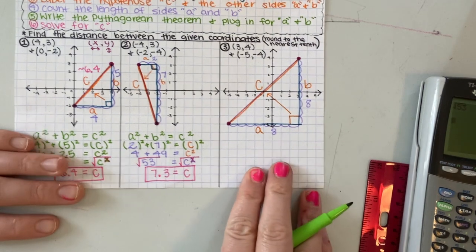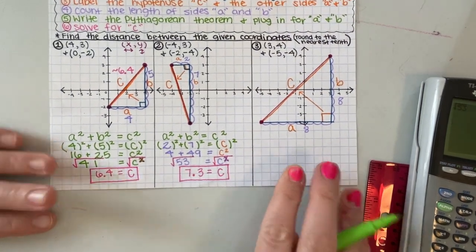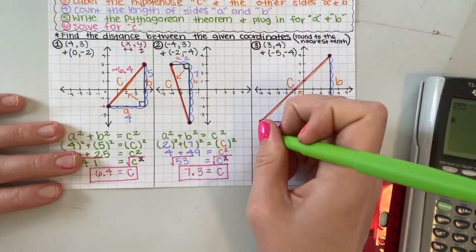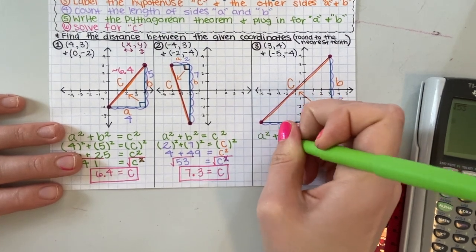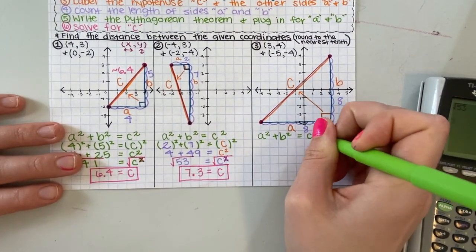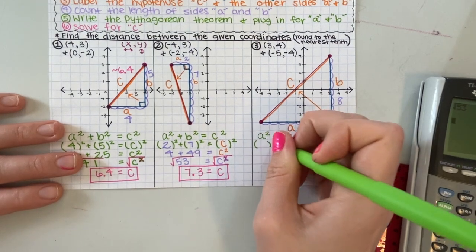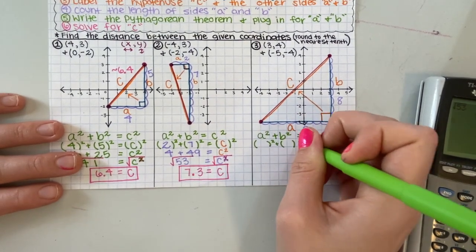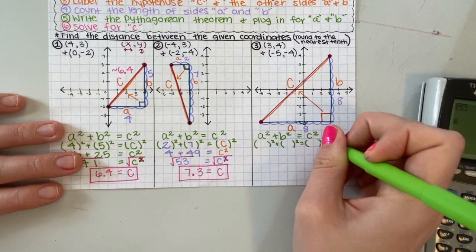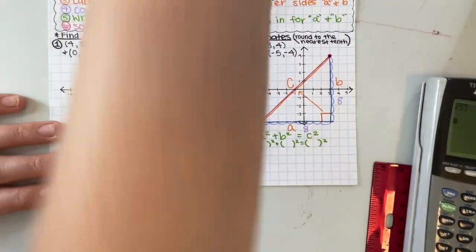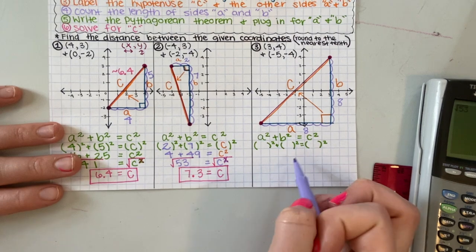I'm going to write out the Pythagorean theorem, which is A squared plus B squared equals C squared. I write it out to have my blanks for each letter. Like I did before in the last problem, I'm going to just use this color.